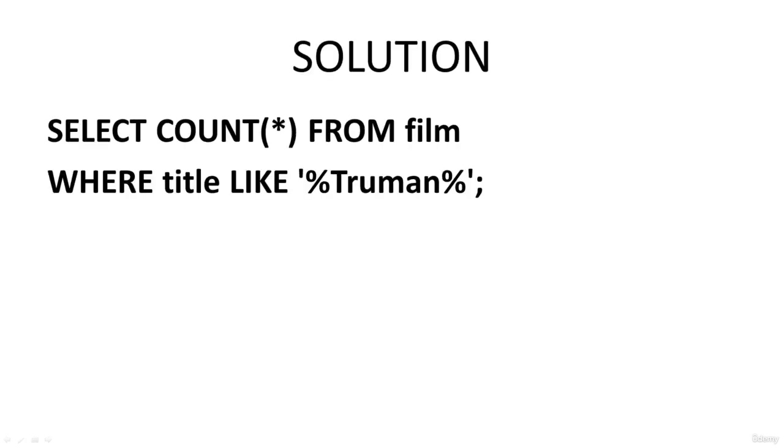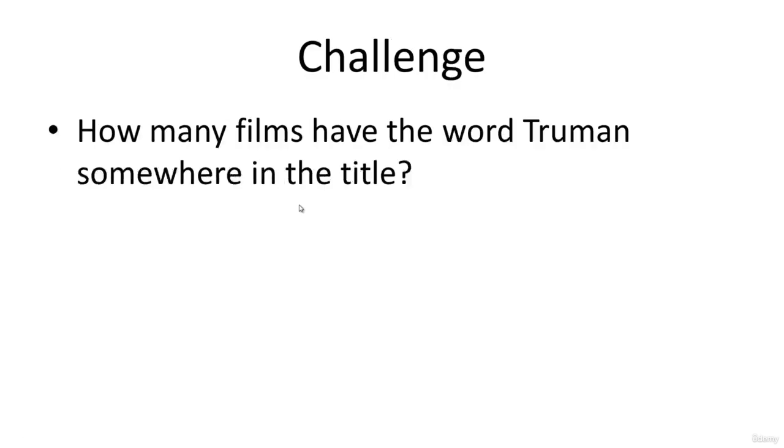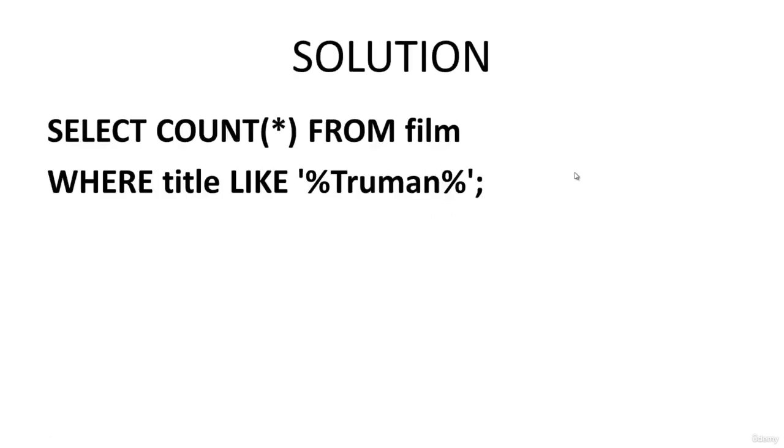Here it comes. So the solution is to select count asterisk. Again, we just want to select the count of the number of rows returned from film, where the title column is like, and this is where maybe it was a little tricky for you, but remember the question asked, if we just go back 2 slides here, it asked how many films have the word Truman somewhere in the title. So not at the beginning, not at the end, just anywhere in the title.